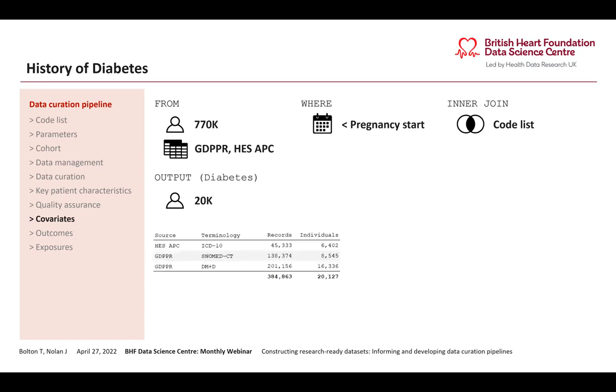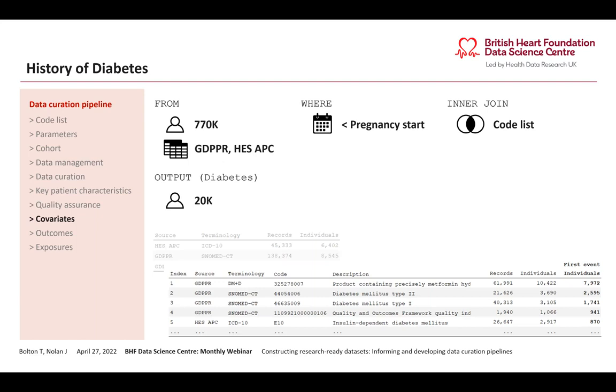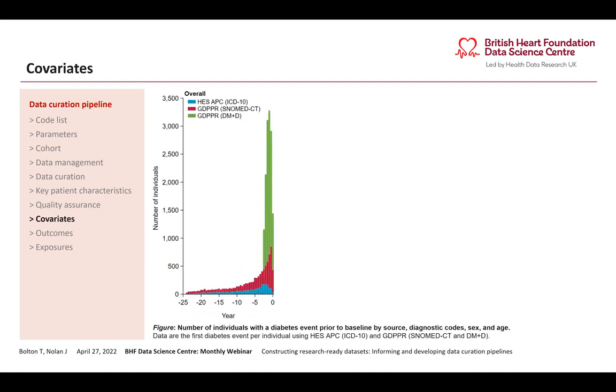And we can see how this varies by data source and coding terminology. Some individuals have records in multiple sources or terminologies. And we can also look by the codes themselves. So here we're showing the top 5 ordered by an individual's first or earliest matching code. We can see how these first events are distributed over time by data source and coding terminology.